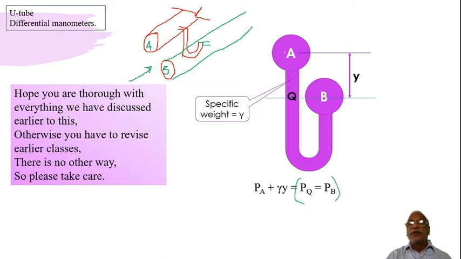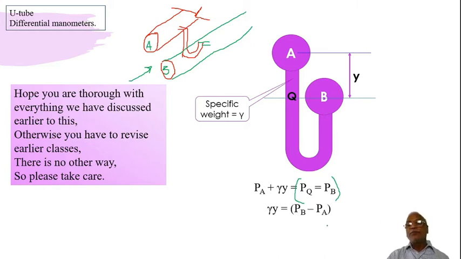I can start at point A, that is PA, and add the pressure because we are going down. So PA plus gamma, the unit weight or specific weight of the liquid, multiplied by Y. So PA plus gamma Y gives PQ, and that is in turn equal to PB. Now gamma Y can be written as PB minus PA.